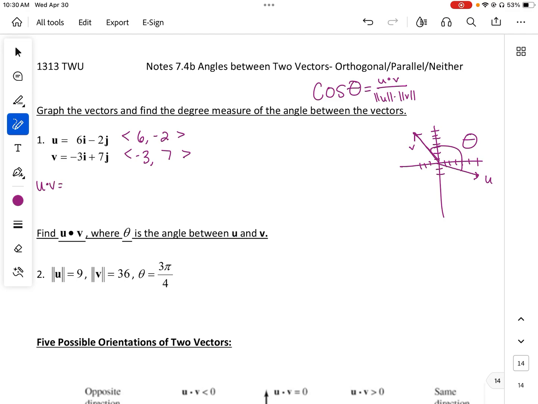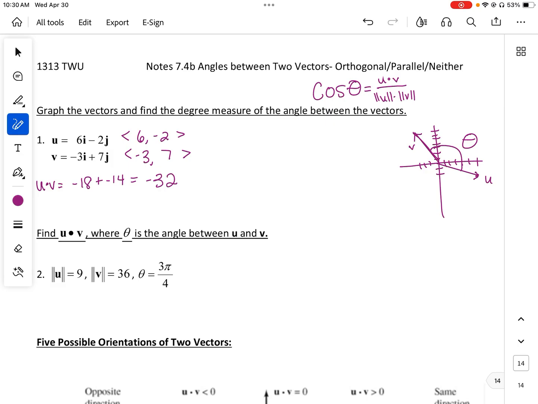The dot product is going to be 6 times -3, -18, plus 7 times -2, which is -14. So -32.